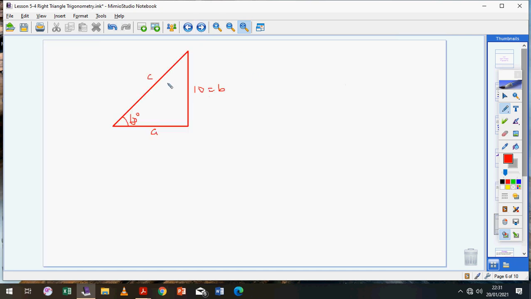So you can go back to SOHCAHTOA. The sine of 60 is equal to the opposite side, which is 10, divided by the hypotenuse, which is C. You guys remember from your trig that sine of 60 is root 3 divided by 2, and that is equal to 10 divided by C. If I cross multiply here, I'll end up with C root 3 is equal to 20.